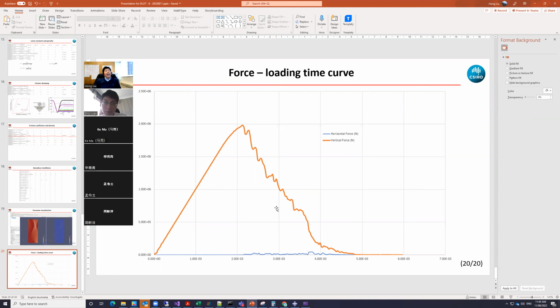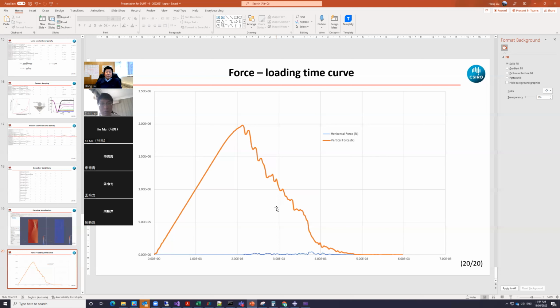But HFDEM or FDEM uses the explicit finite element method, so it is treating this as a dynamic problem. For the dynamic problem, what we do is use strain relaxation, which uses critical damping, making it become a static problem.